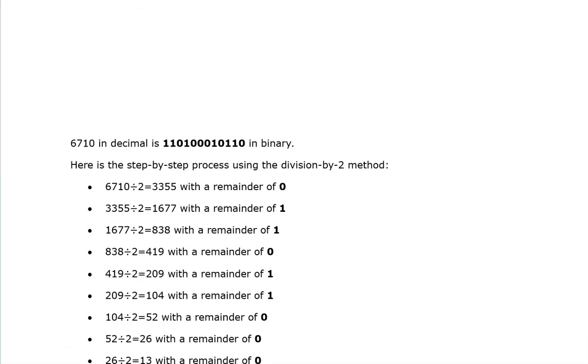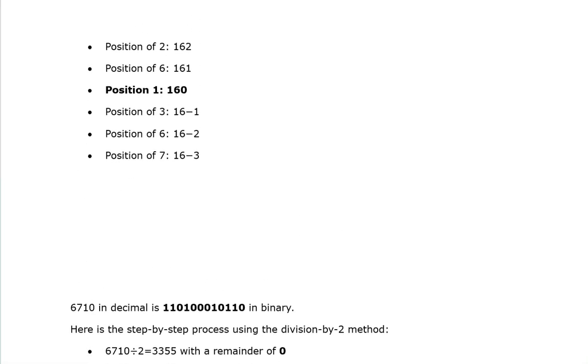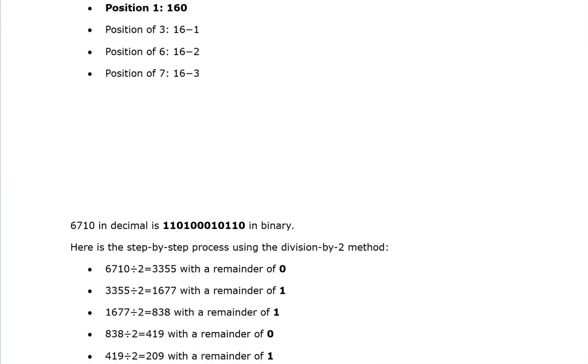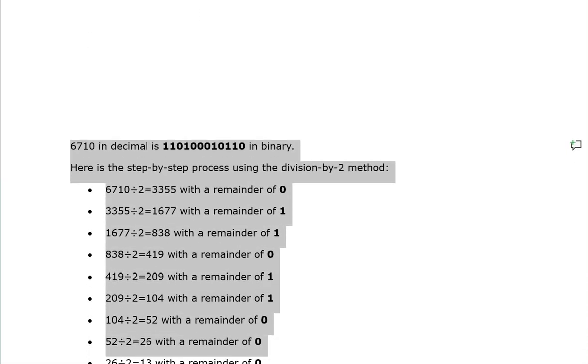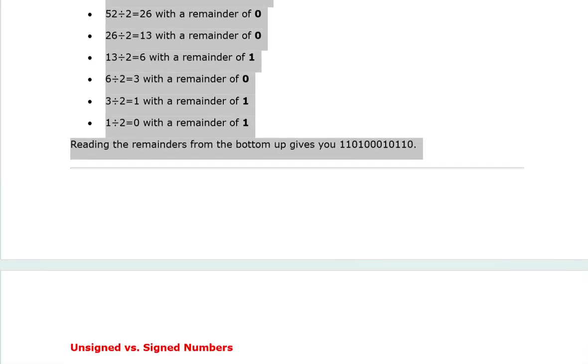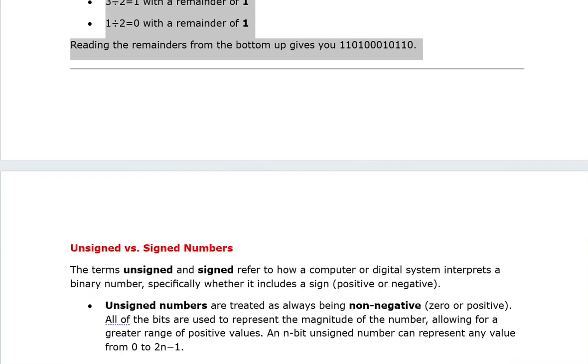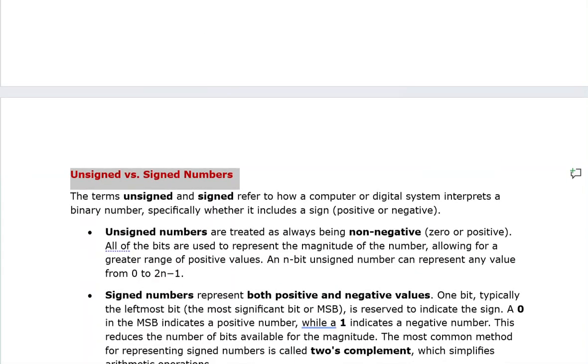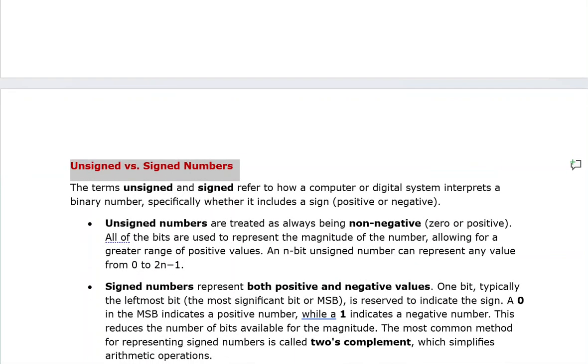Okay. Now again, this is sort of some tedious stuff here, but again, I'm not going to ask you to do stuff like this. This would be kind of extreme at this point. We don't really have to go this far, but what I'd like you to take a look at and remember is the unsigned and signed numbers. So unsigned numbers here are described as being non-negative, and the signed are both positive and negative values.